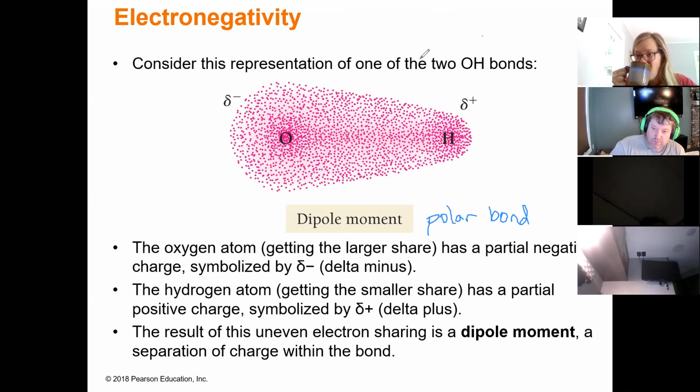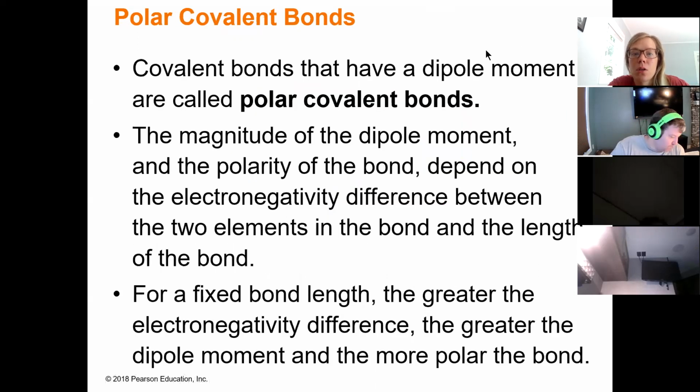Polar because it has poles to it, right? Sometimes it's called a polar covalent bond. A polar covalent bond is when the electrons are shared, but they're not shared equally.